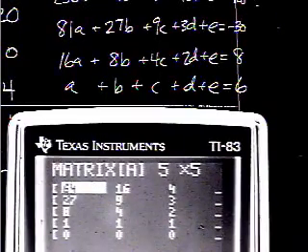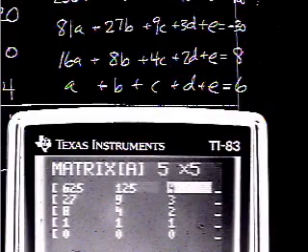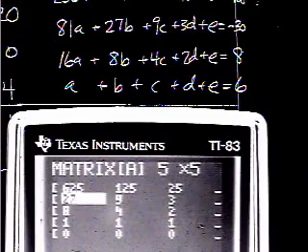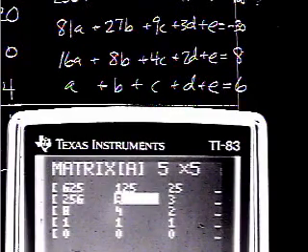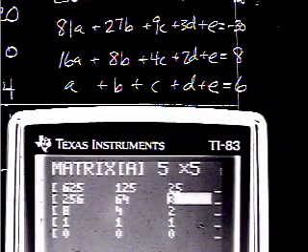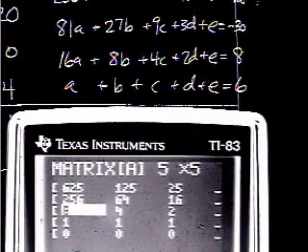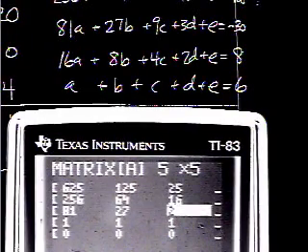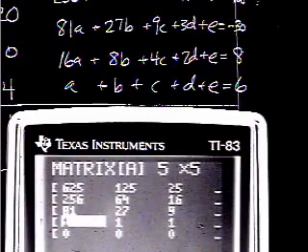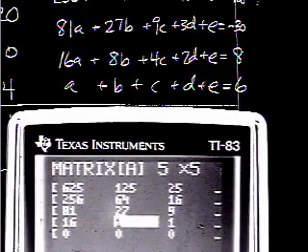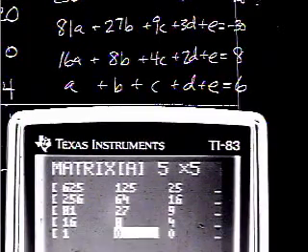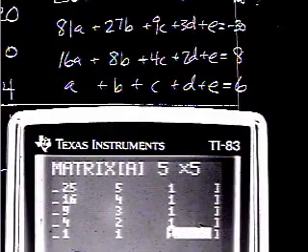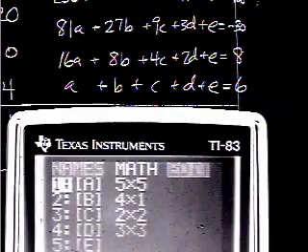It needs to be a 5 by 5: 625, 125, 25, 5, and 1. 256, 64, 16, 4, and 1. 81, 27, 9, 3, 1. 16, 8, 4, 2, 1. 1, 1, 1, 1, 1.